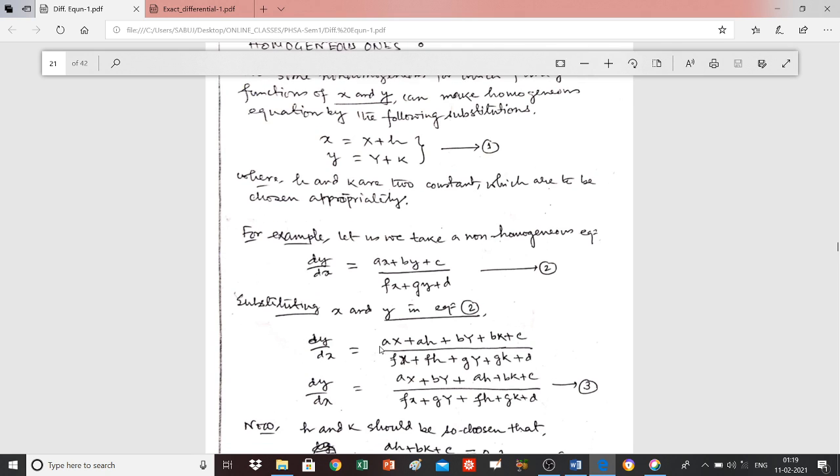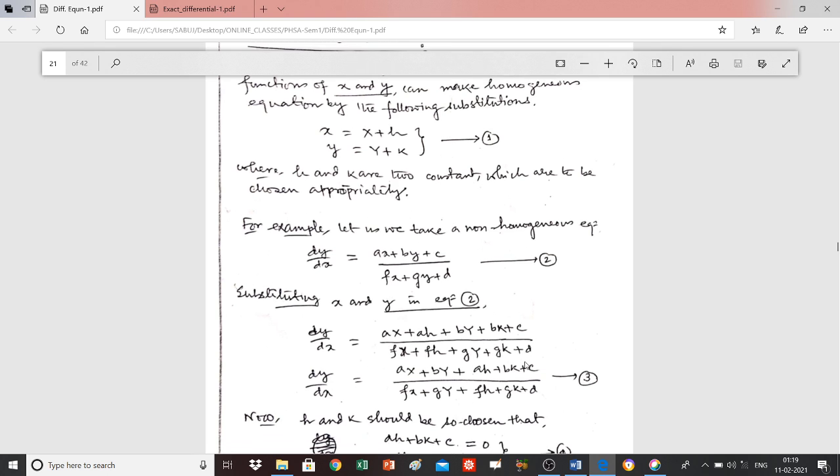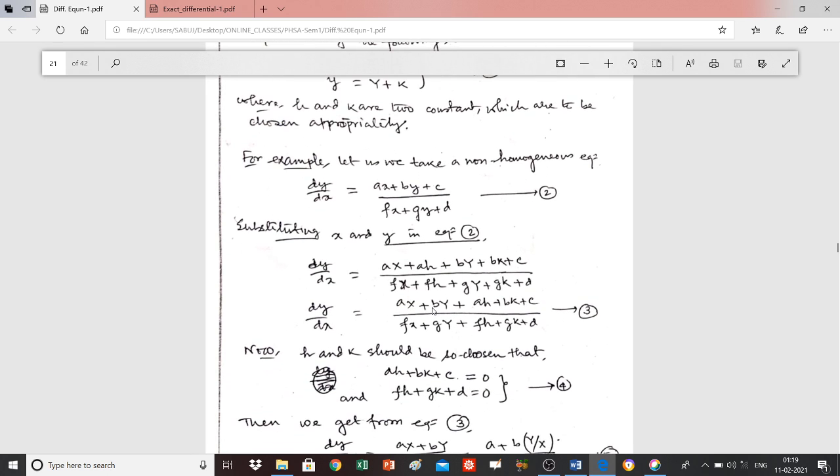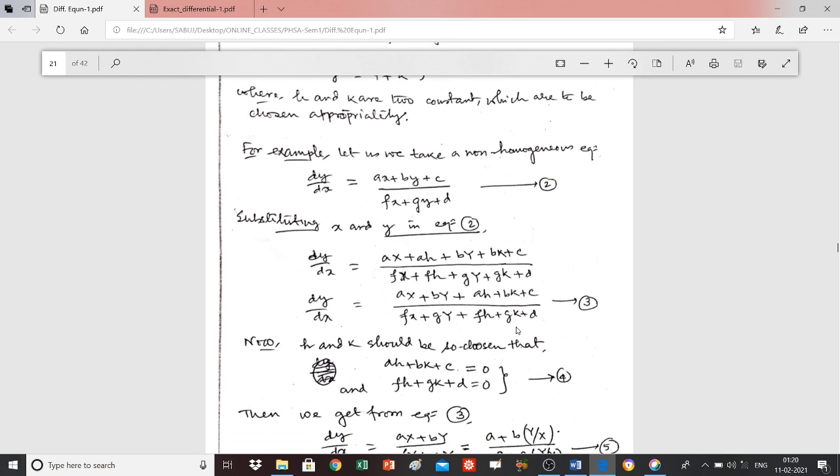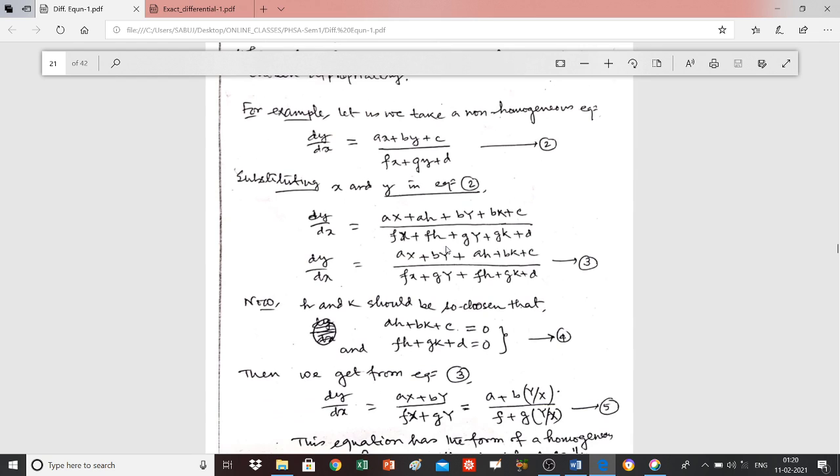So dy by dx is equal to first a capital X plus ah, then b capital Y plus bk, and then this c is here. Similarly here f capital X plus fh plus g capital Y plus gk plus d. Just write this equation as a capital X plus b capital Y plus ah plus bk plus c, and then f capital X plus g capital Y plus fh plus gk plus d.